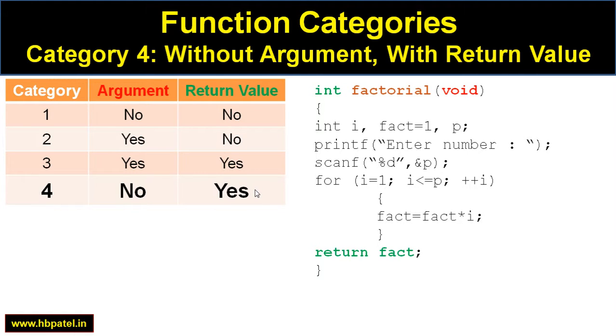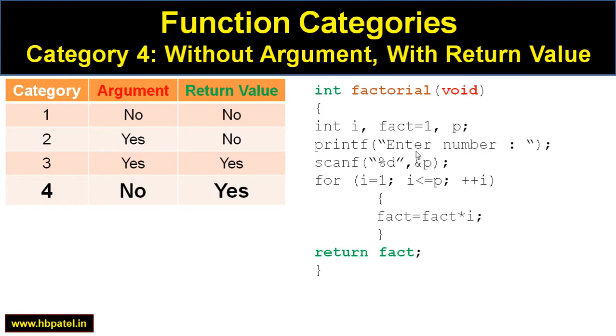So let us take the same example, factorial, but the only change is instead of passing the n from main to factorial, we are reading that number from the function itself. So we are not passing anything, so this is void, and we are returning something int, so this is int. So factorial is a function without argument with return value.